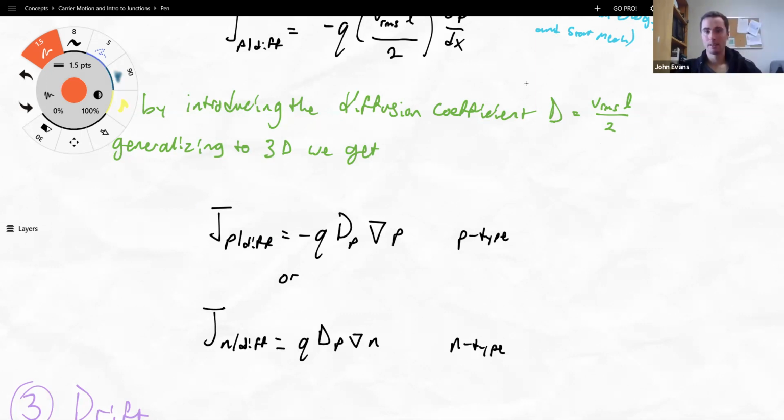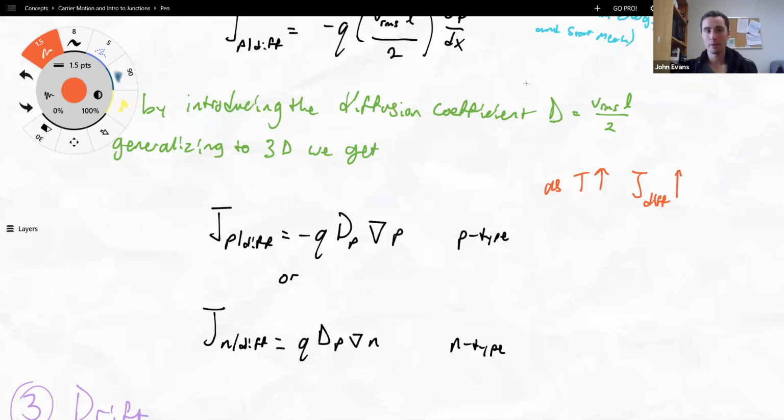And thus, as T increases, J_diff increases. Remember, this minus sign is just saying whether it's conventional or electronic current, so all we're doing there is swapping the sign. The magnitude of the current is going to be larger.